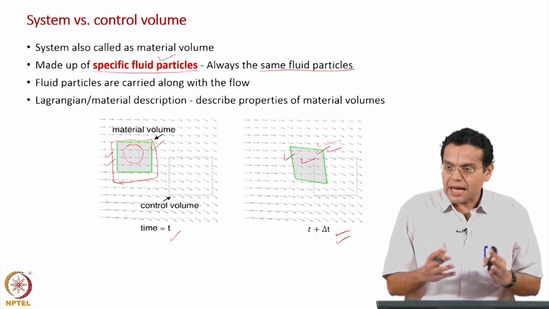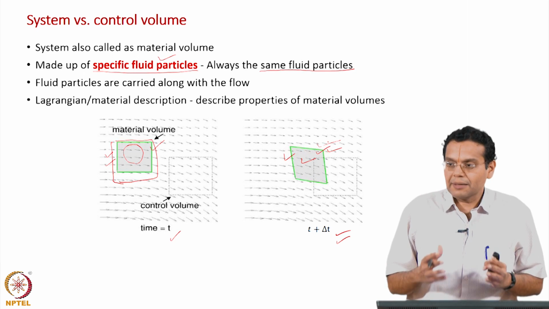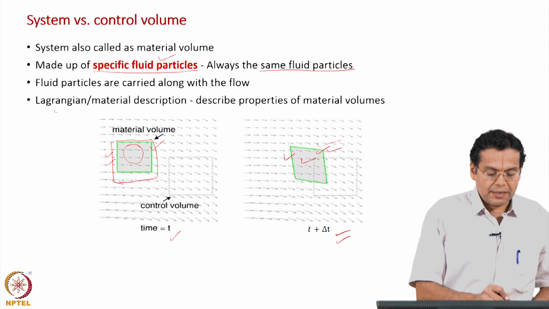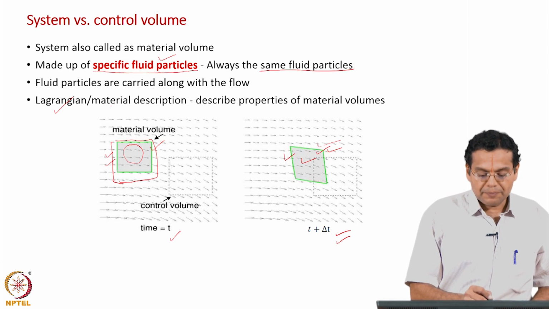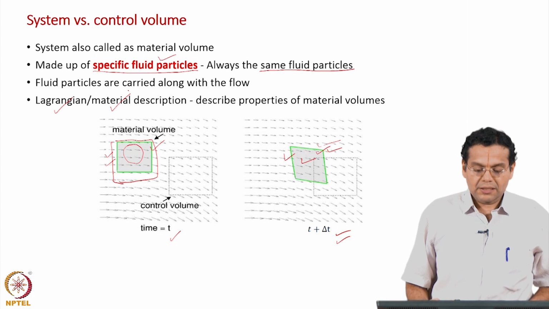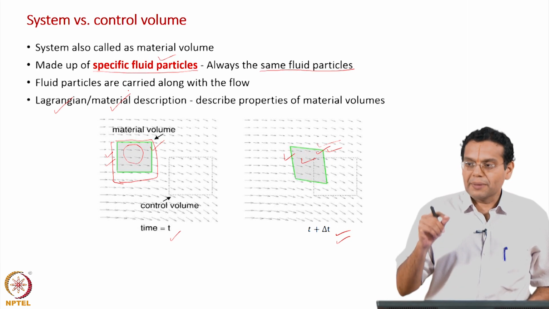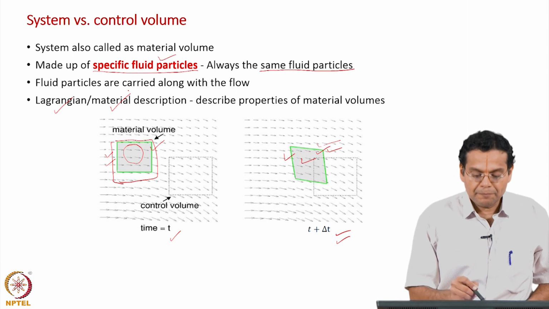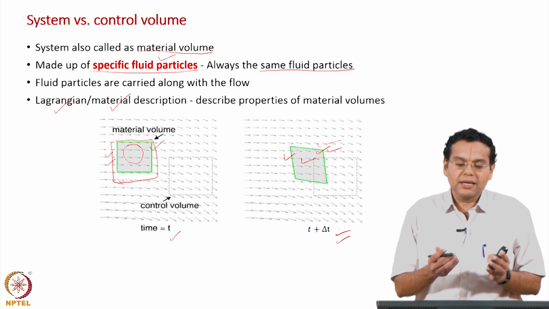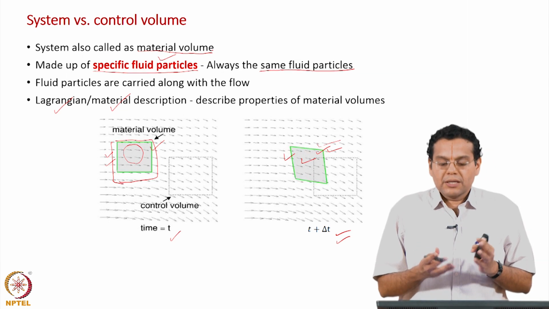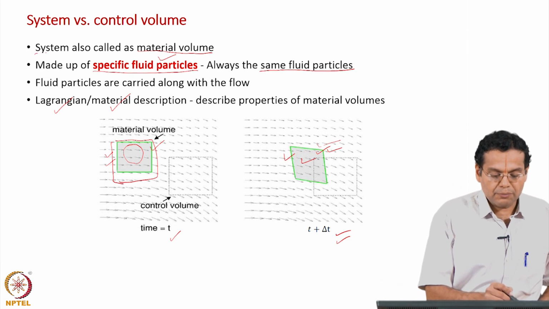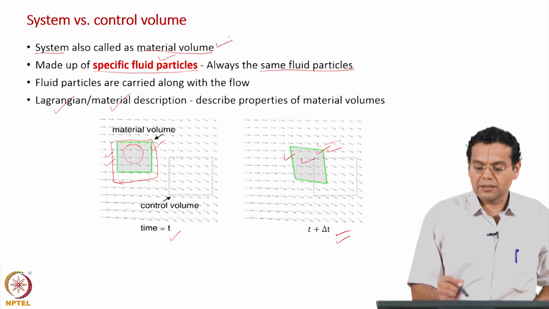In this case, it is a large set of fluid particles, and I keep tracking those set of fluid particles, and that is why it is a Lagrangian description, also called the material description. We said Lagrangian or material description because we are following material fluid particles, and that is why the system is also called a material volume, because we are following a volume made up of material fluid particles. So, be familiar with both the terminologies, system and material volume.